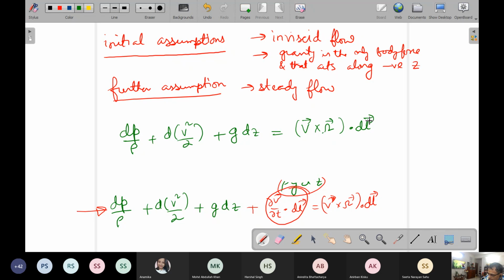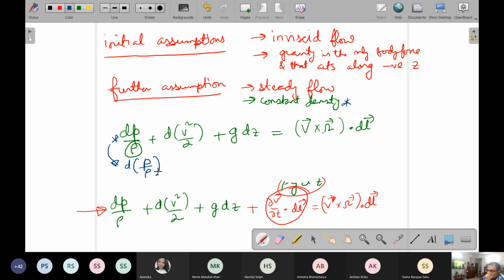So one is steady flow. The next we will write is constant density flow. So constant density means this is like a constant, so I will put an asterisk against this assumption, and we will show that this is of course leading to d of p by rho, because rho is a constant.